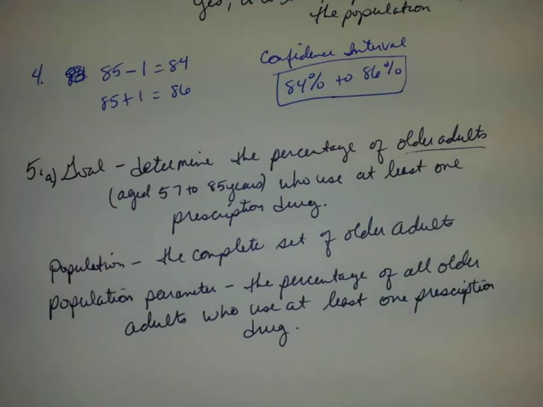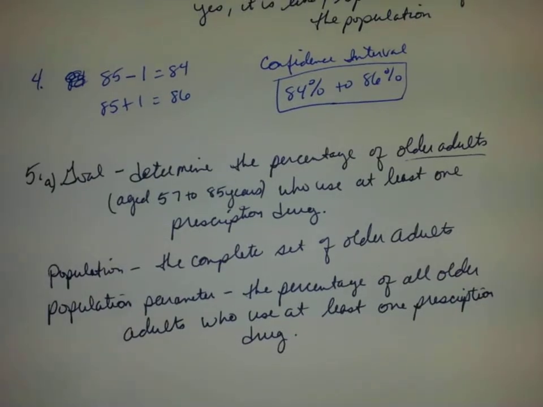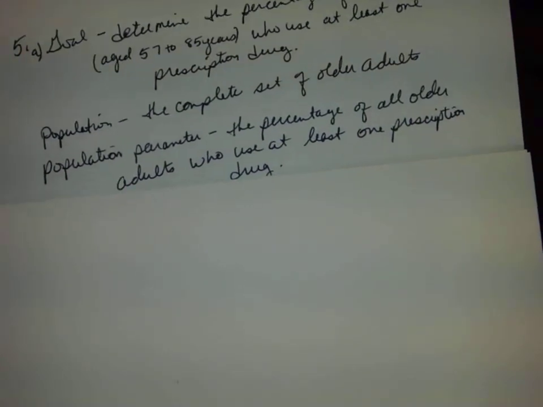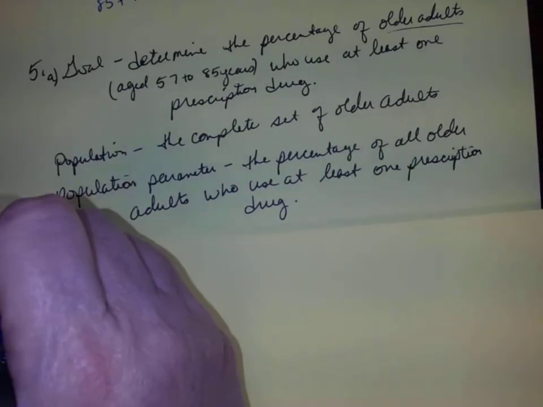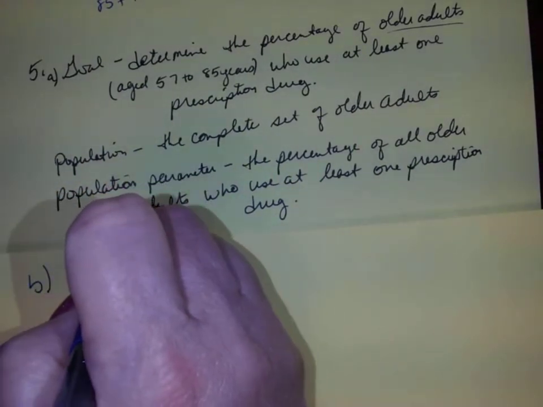All right. Now, part B says to briefly discuss the sample, the raw data, and the sample statistics for this study. All right. So we're now looking at part B. In part B, we want to find the sample.